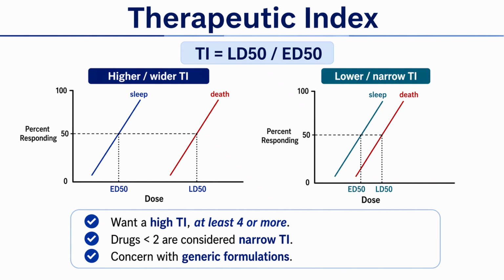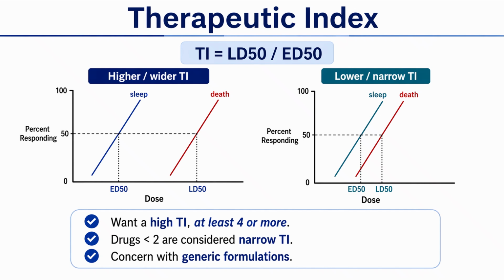Now, the therapeutic index is one of the most important safety concepts in pharmacology because this tells us how close the effective dose is to the lethal or severely toxic dose. And so ideally, the effective dose is far, far away from the dangerous dose.